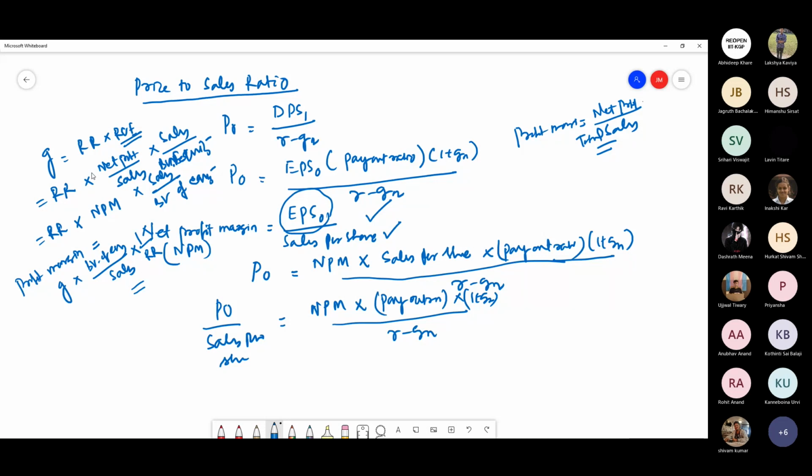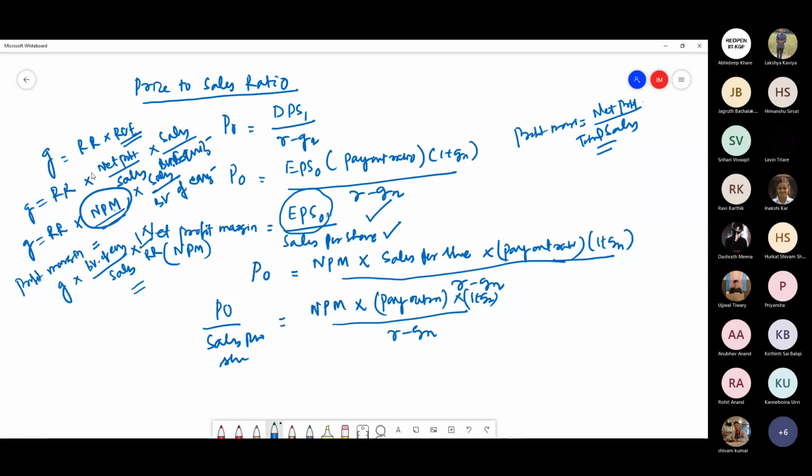From here only, g is equal to this. So this net profit margin is basically your profit margin. So how can the profit margin be calculated? I have taken all the variables to this side.